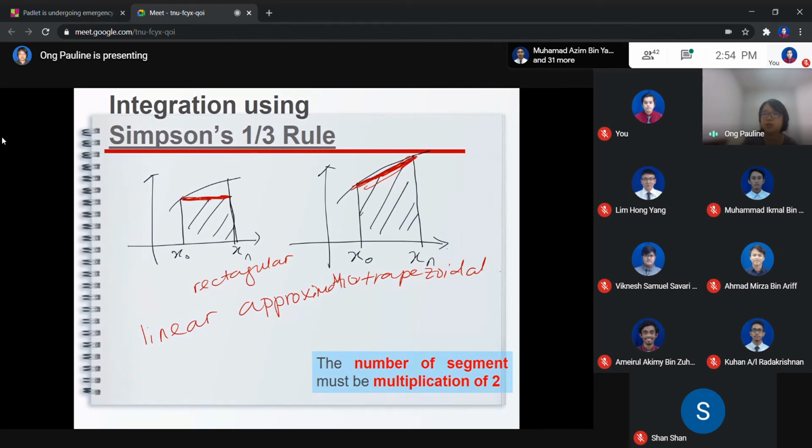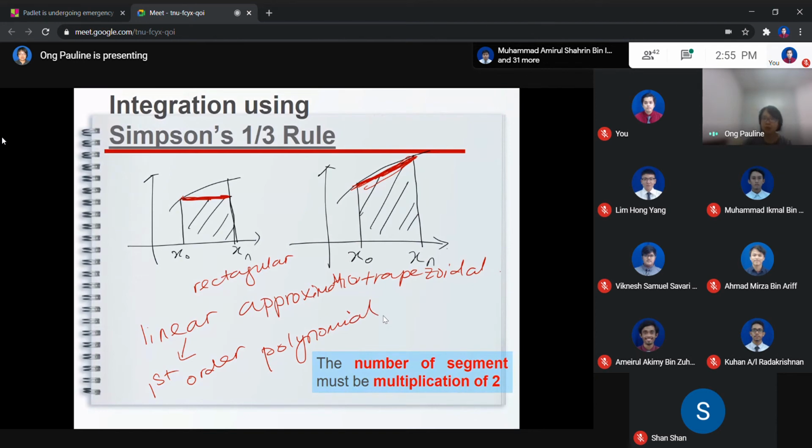So if you still remember from chapter 4, linear approximation is the first order polynomial, right?